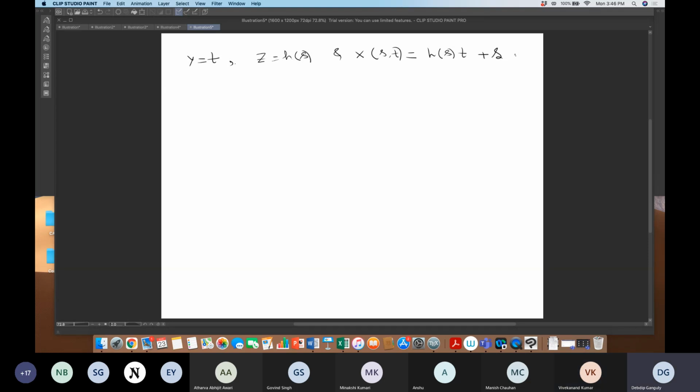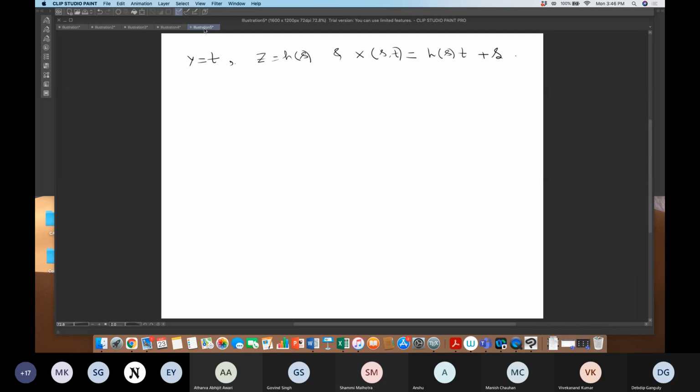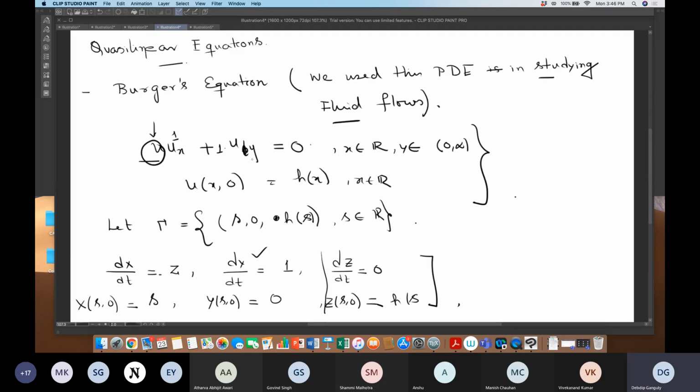So in the PDE we have y, where in the PDE we have u times u_x plus u_y, not u_t. Oh, sorry. Let us put y. Is it okay? Same thing, right? t is a variable, y is a variable.